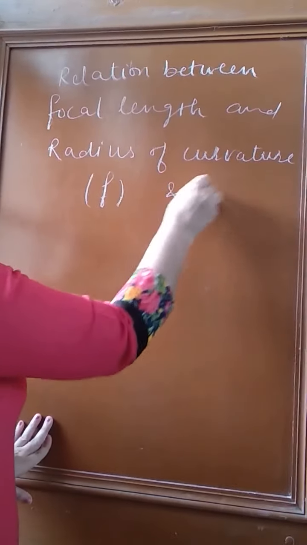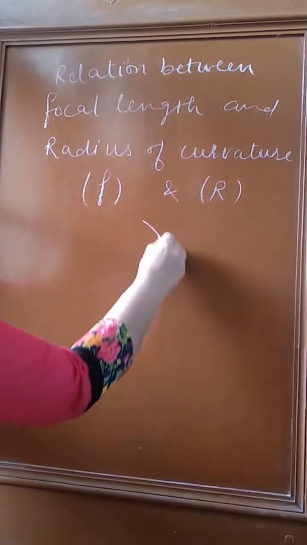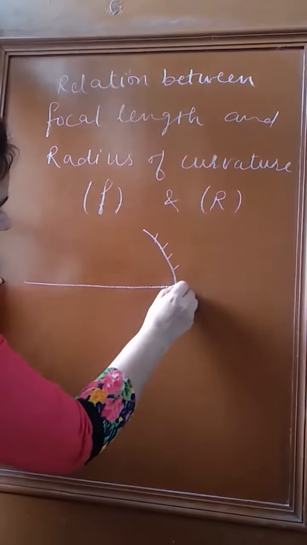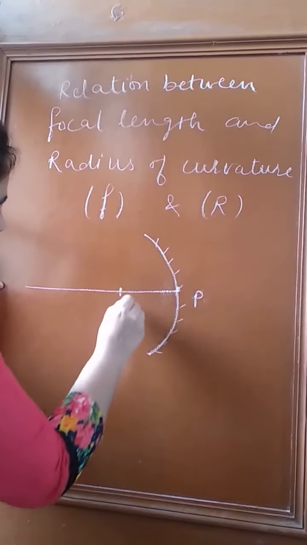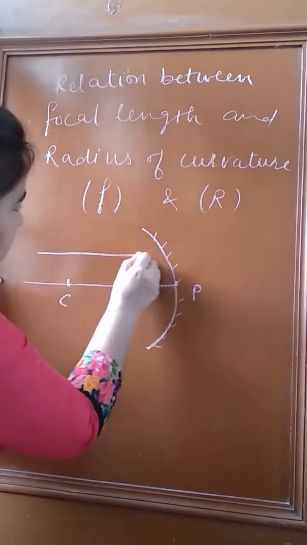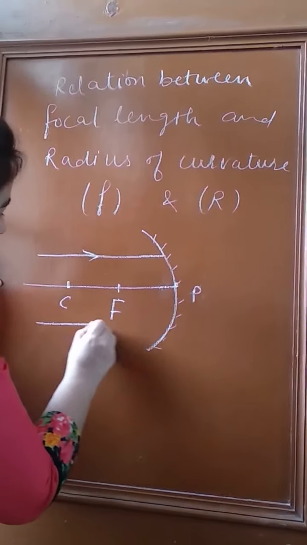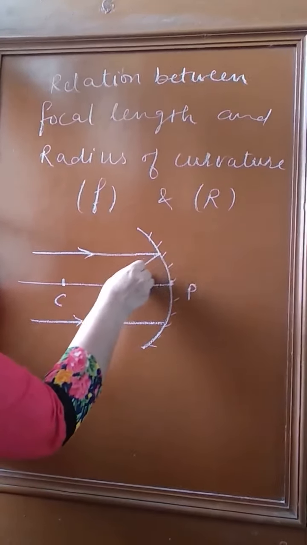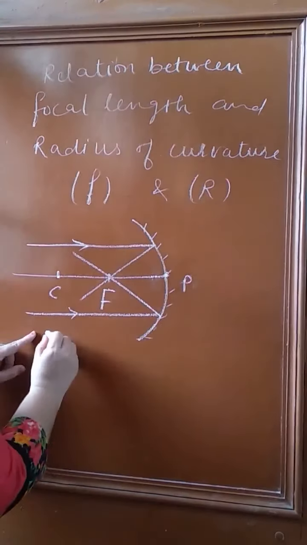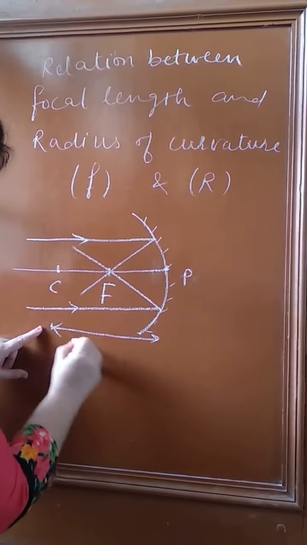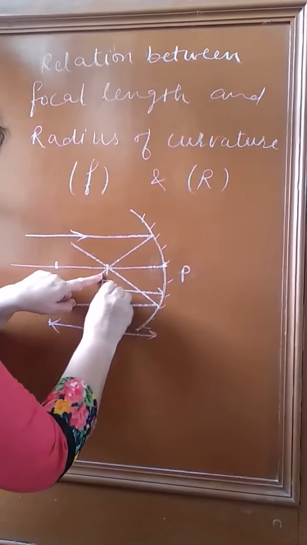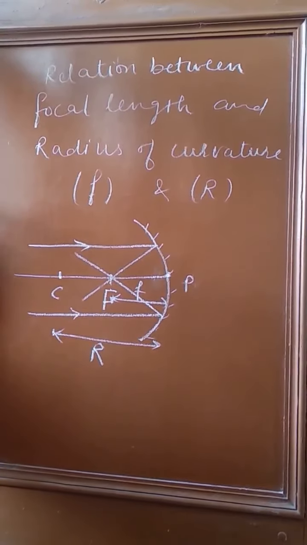It is found from these ray diagrams that the radius of curvature R is double this focal length PF.